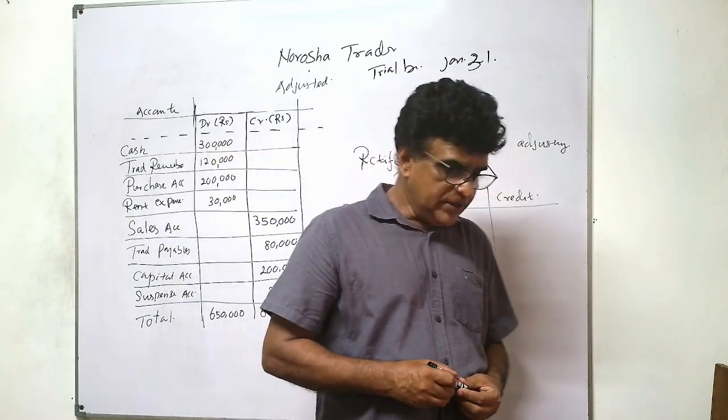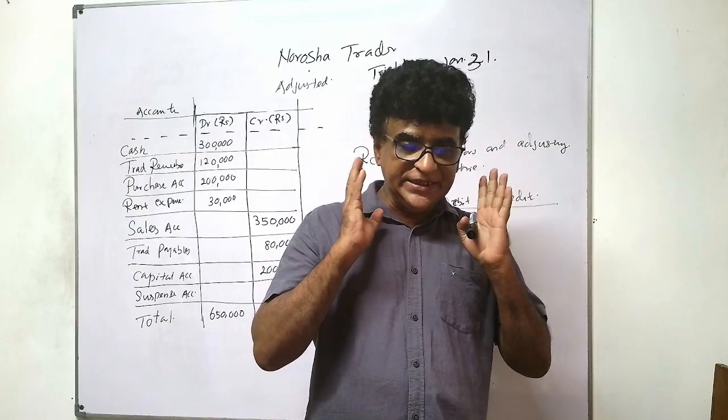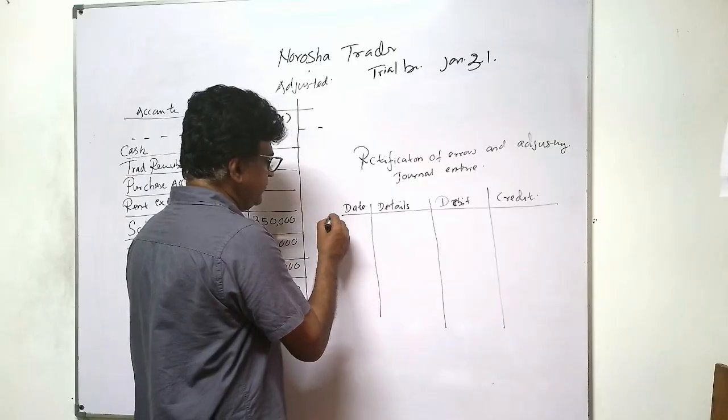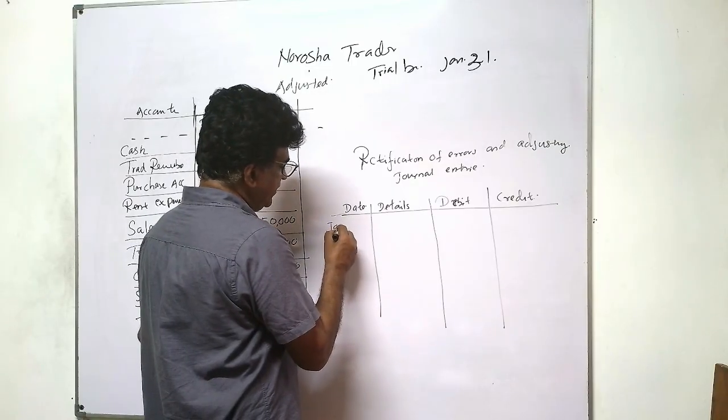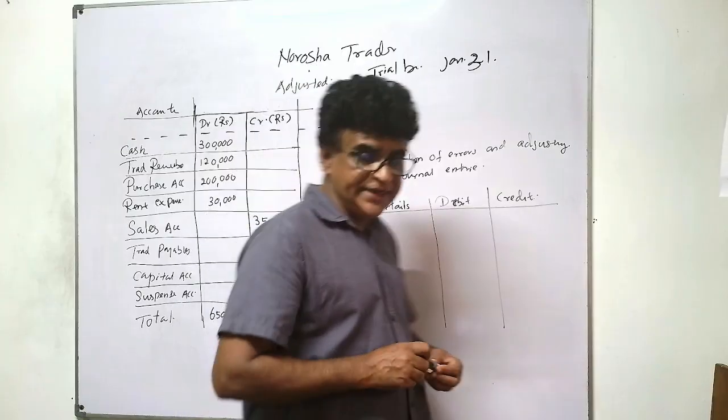There is no doubt, for all these transactions, the date is January 31st. Right? Date is Jan 31st. First we will enter what is the error.